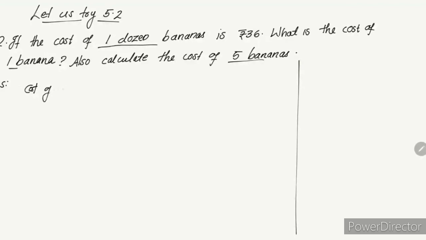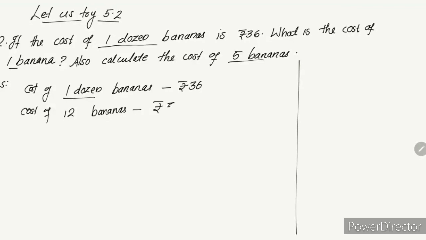Cost of 1 dozen bananas, they have given 36 rupees. And what is 1 dozen? 1 dozen means 12. So cost of 12 bananas, they have given 36. And here we need to find the cost of 1 banana.